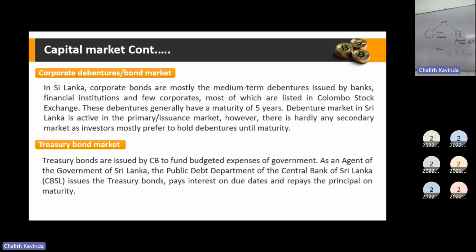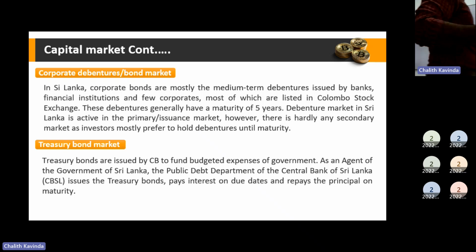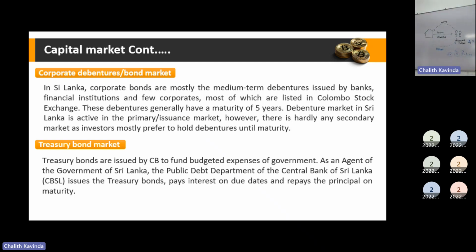Okay, so that's what you could see when it comes to debentures. Here it says, in Sri Lanka corporate bonds. So debentures are mostly medium-term debentures issued by banks, financial institutions, and few corporates. Most of the time, these debentures are issued by finance companies and banks in Sri Lanka.